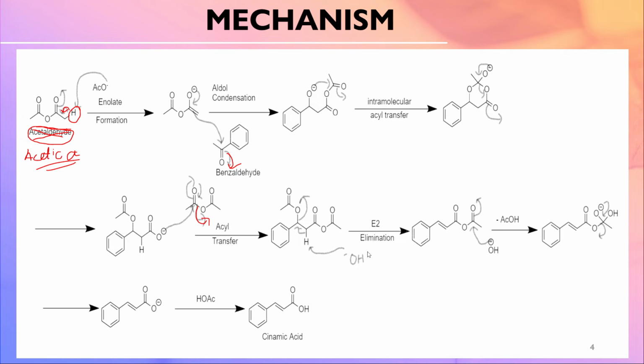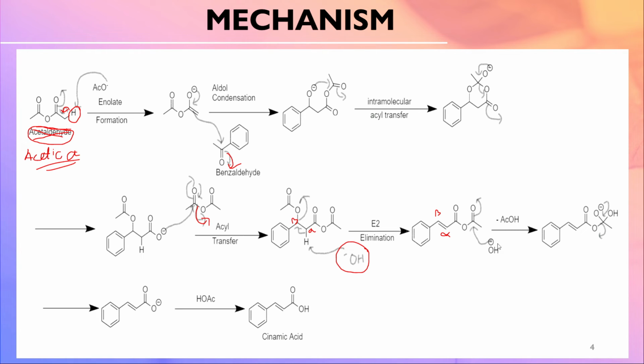Then in the solvent there is H2O, so OH minus again attacks this acidic hydrogen and abstracts it, and this bond will break. So here you can see this is the alpha position and this is the beta position, and the alpha beta unsaturated product initially forms.